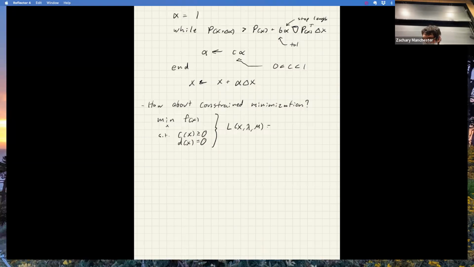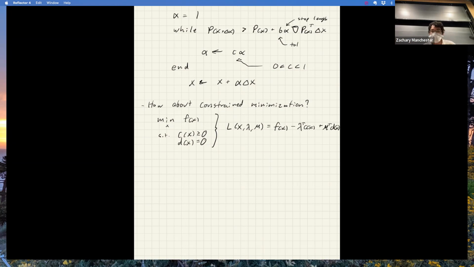So we're going to have f of x, and then a Lagrange multiplier for the inequalities, which is going to be lambda. And then our Lagrange multiplier for the equalities is going to be mu. This is just bookkeeping. There's nothing special about any of this. And remember, the negative sign matters on the inequalities. For the equalities, it doesn't matter, plus or minus, whatever.